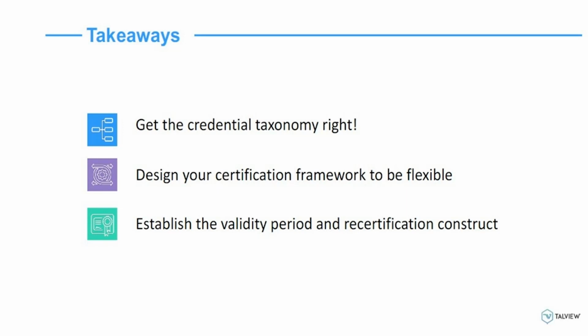Second takeaway, design your certification framework so that you can start small, build out across roles and domains, and execute later on the roadmap to deeper levels of proficiency. Finally, establish the validity period and approach for maintenance or recertification, along with all the supporting policies, training, and operational aspects.